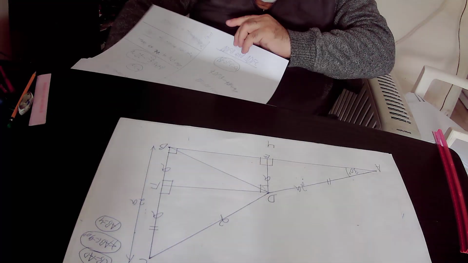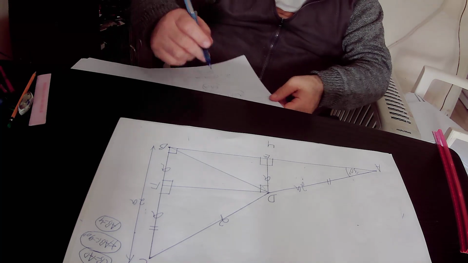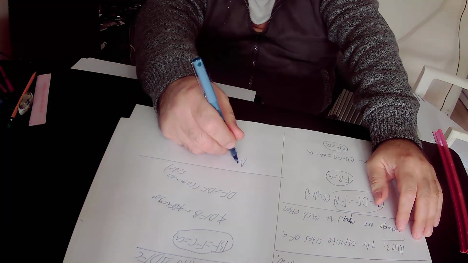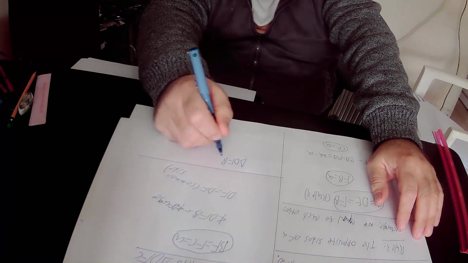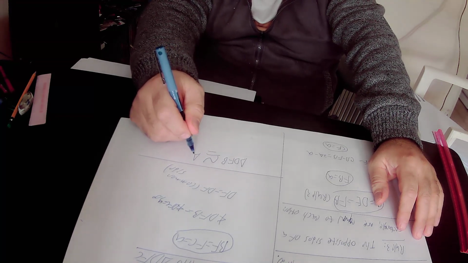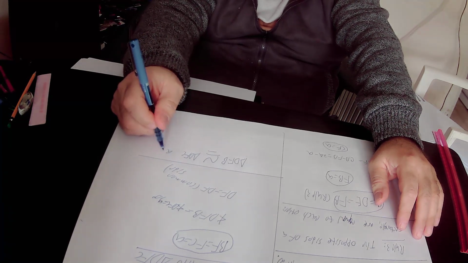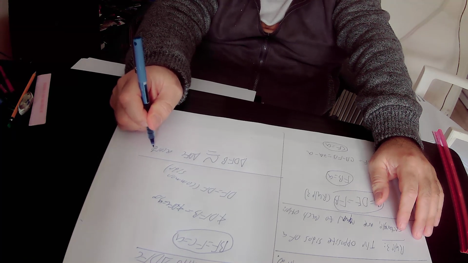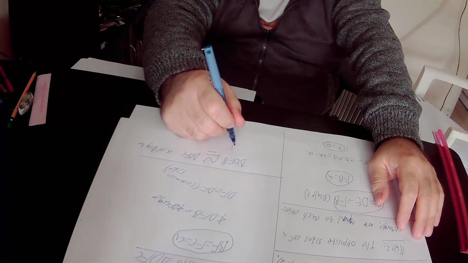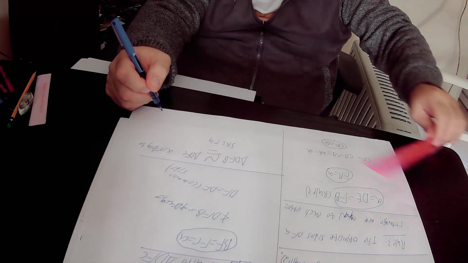So we actually proved that triangle DFB is congruent, this is the sign of congruent, to triangle DFC according to the side angle side rule.